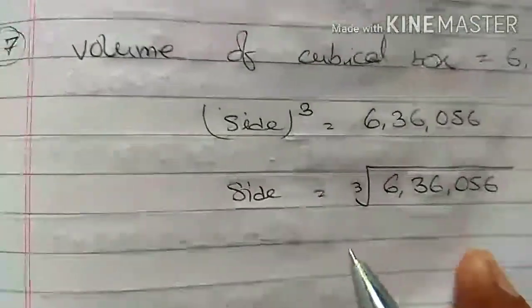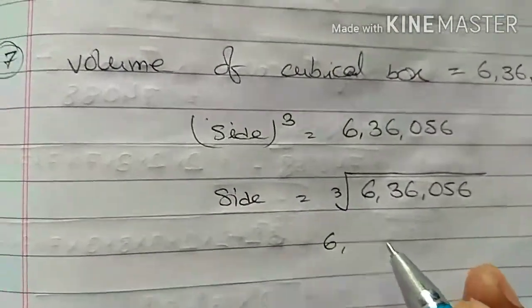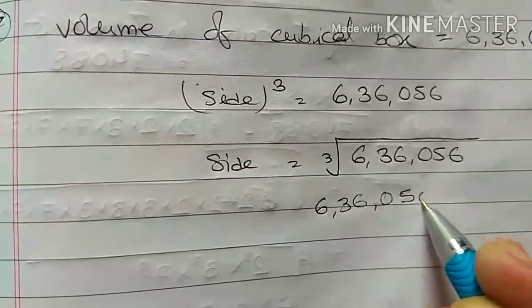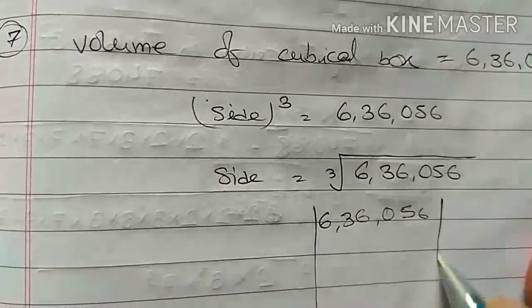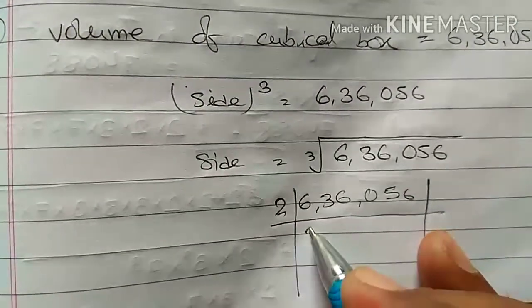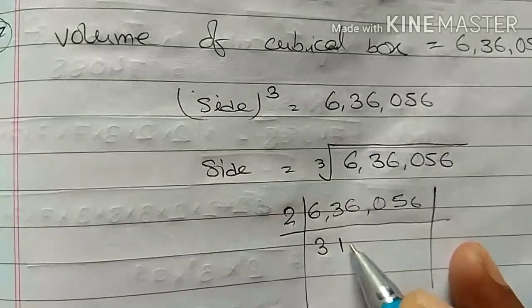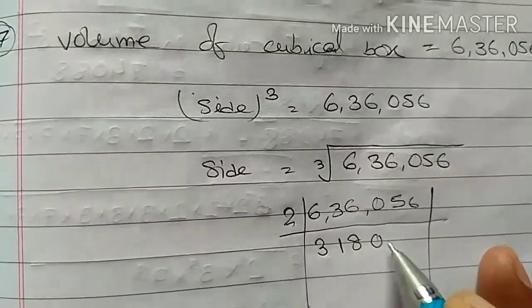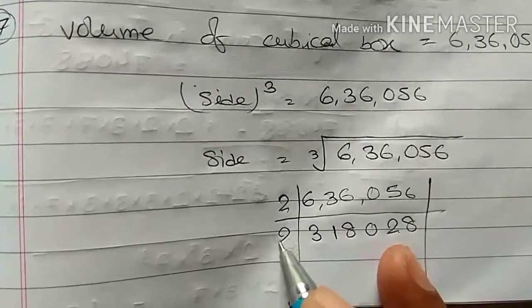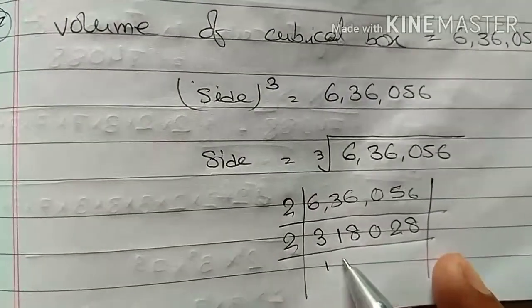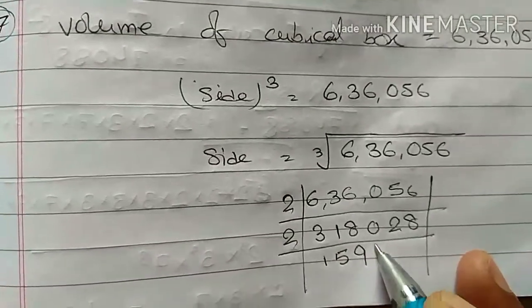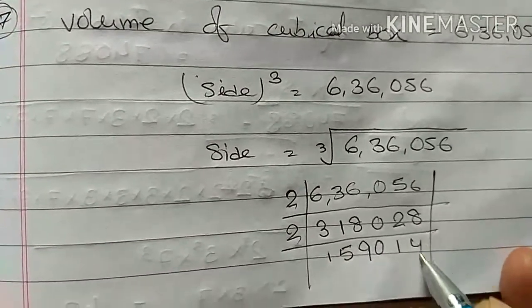So do the prime factorization of 636,056. It's an even number, so divide it by 2. You will get 318,028. Again by 2 you will get 159,014.